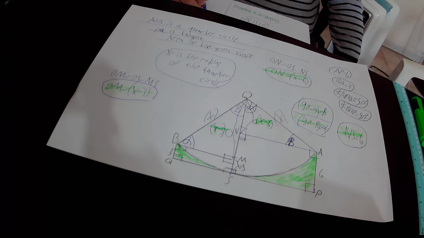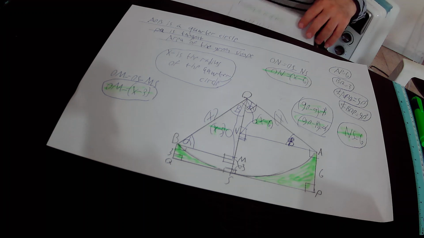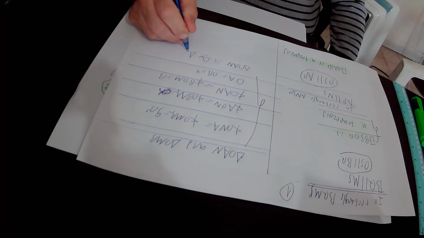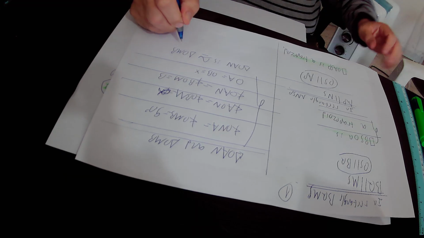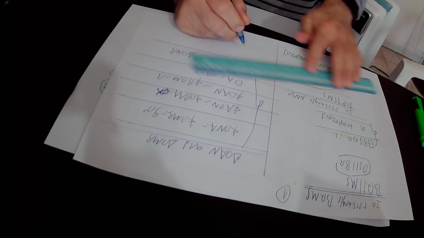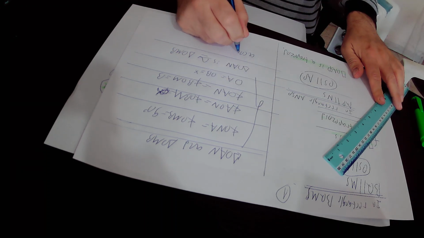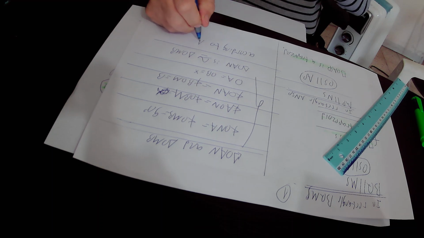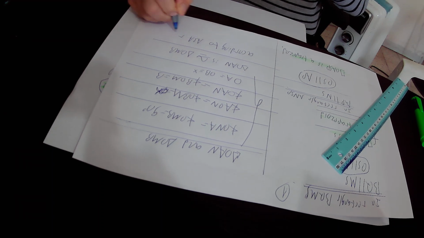Right triangle OAN is congruent, this is the sign of congruent, to the right triangle OMB, according to angle side angle rule.